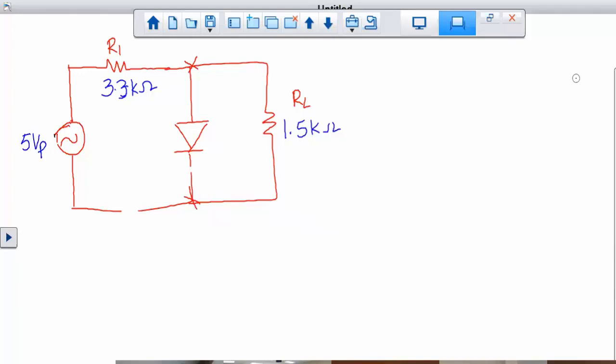Same thing, drawing the voltage waveform on the load. So usually that's the problem statement. Draw the voltage on the load waveform.